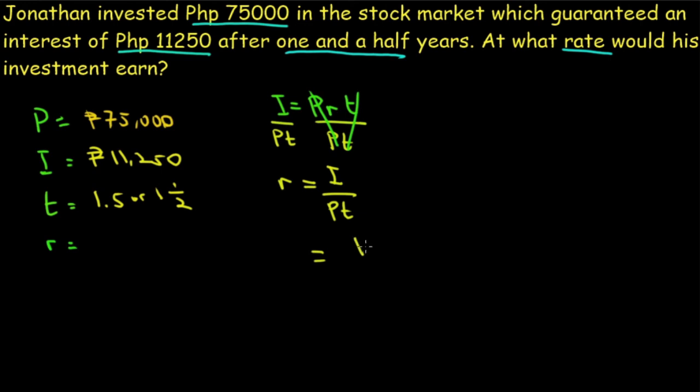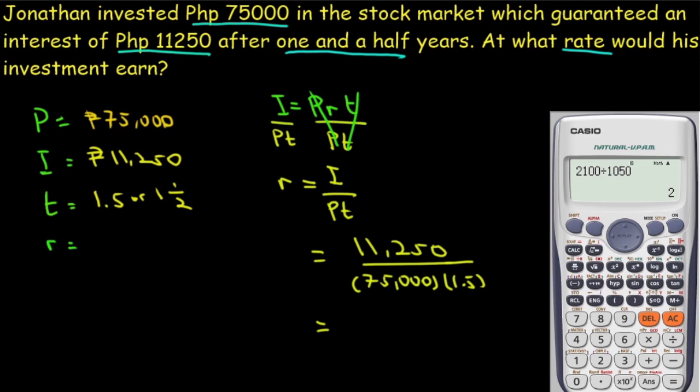Interest, simple interest is 11,250 divided by the product of principal amount and the time. So, we have 75,000 pesos. Mamaya na yung unit ng currency. Then, T is 1.5. Yan. Now, let's bring out our calculator.